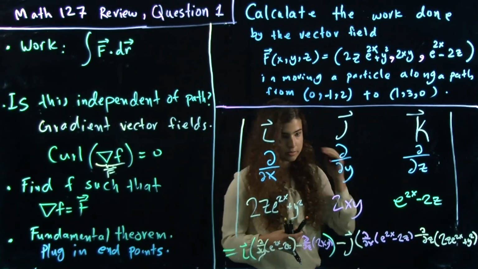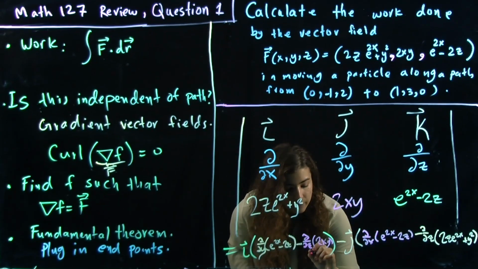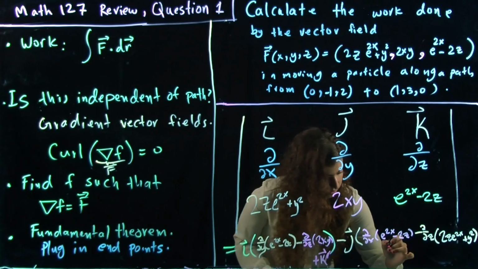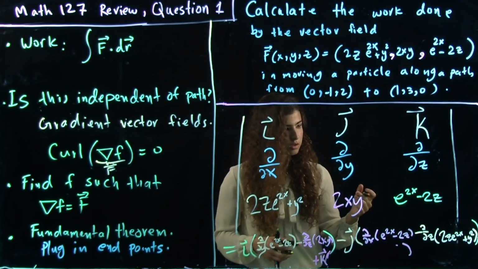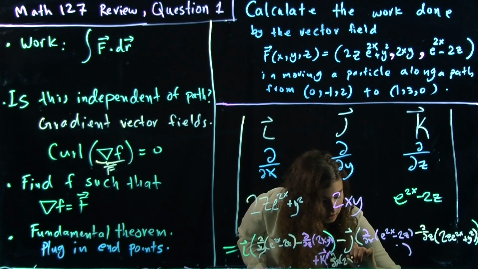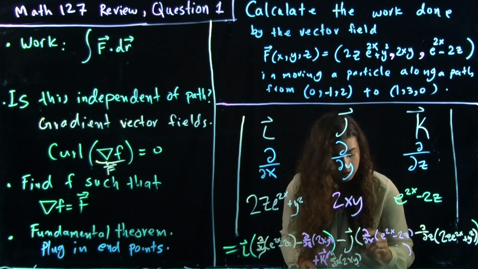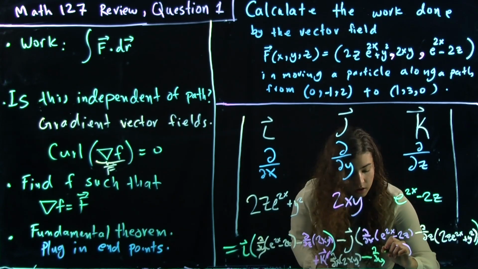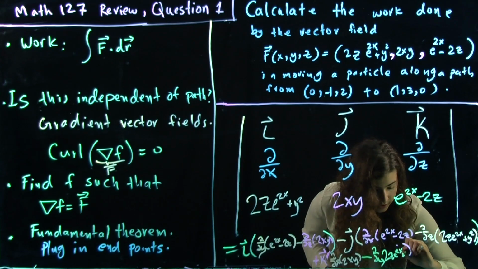And then, last but not least, we have our k, and we're looking at this part of the matrix: our partial with respect to x of 2xy, minus our partial with respect to y of our 2z e^(2x+y²).